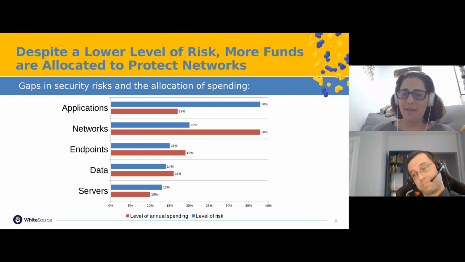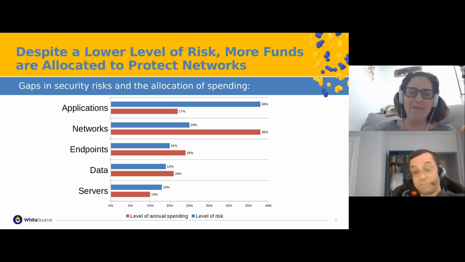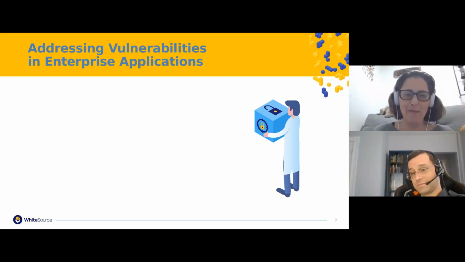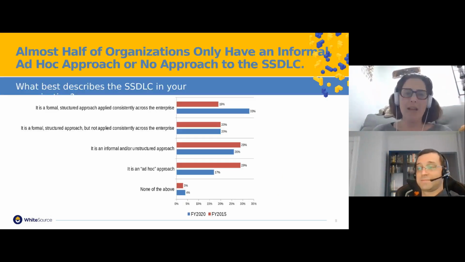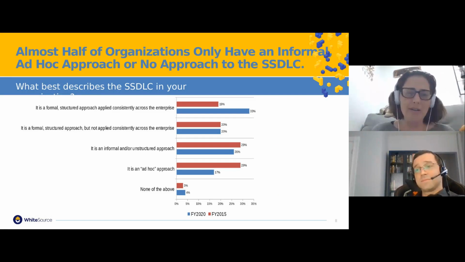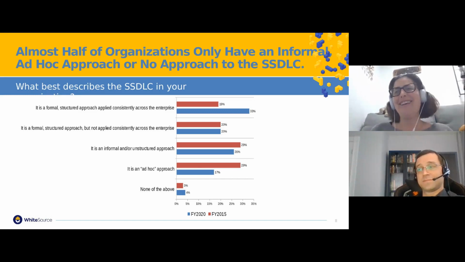Okay, thanks. Let's move to a different layer that we have researched, which is how organizations are addressing vulnerabilities in their enterprises. Basically, we were really interested in knowing what kind of processes exist within organizations in terms of the SSDLC.